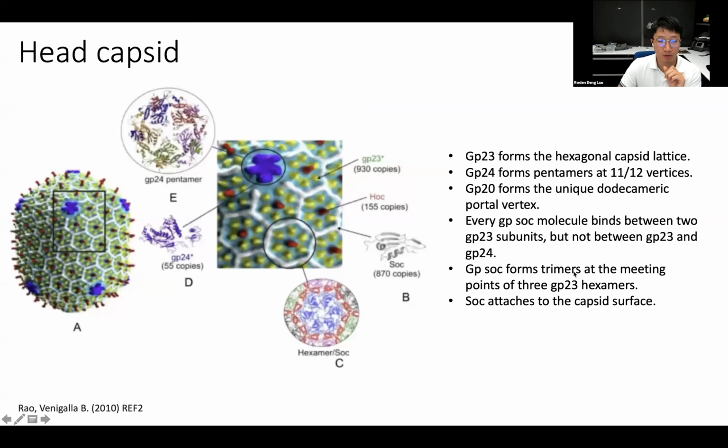And GP SOC forms trimers at the meeting points, here at the meeting points of three GP23 hexamers. That's this three. And also SOC attaches only to the surface of the capsid.